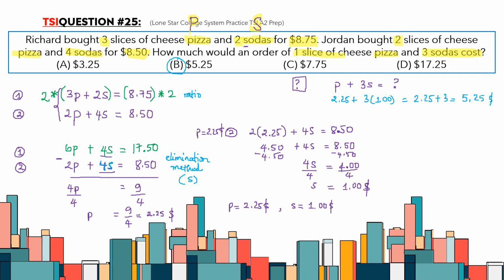At the same time, we create the same amount of the S term to cancel out and eliminate later.